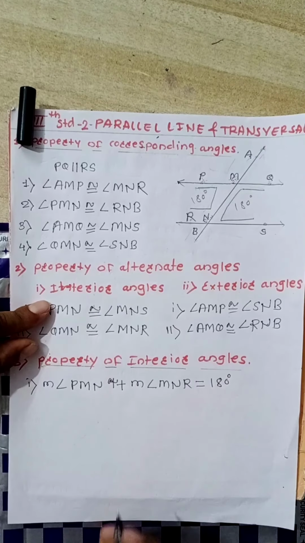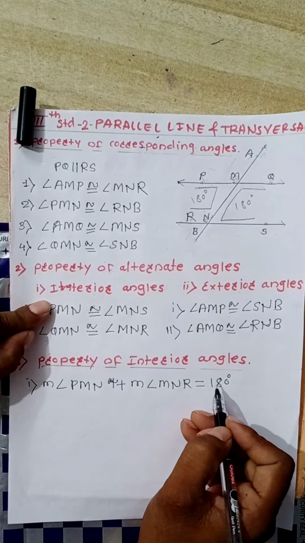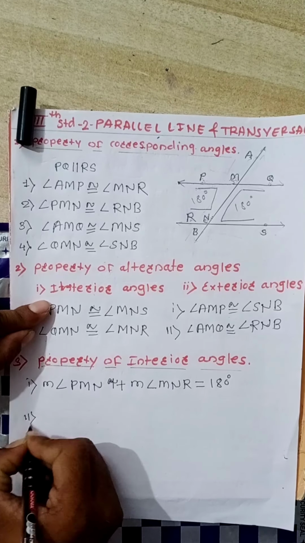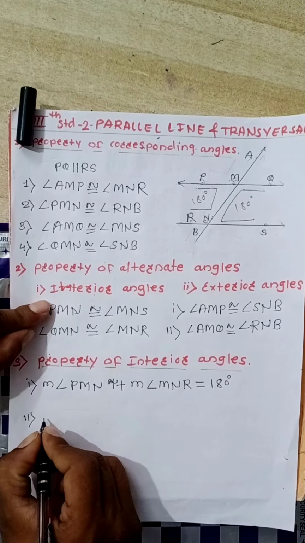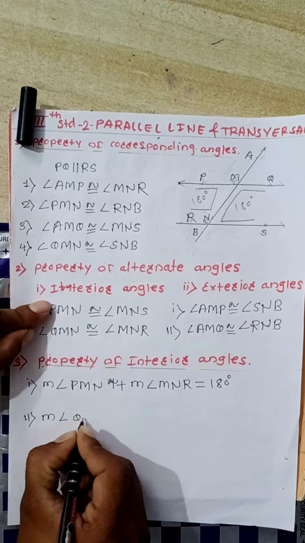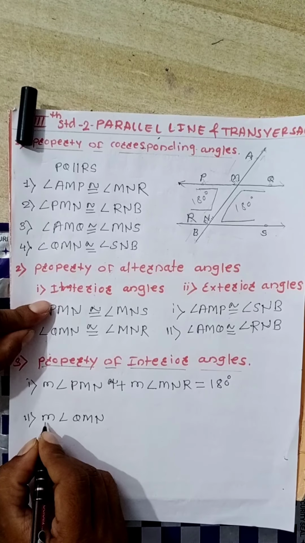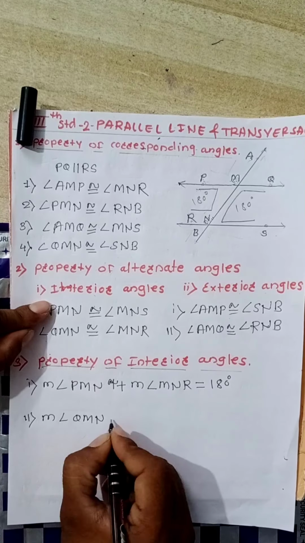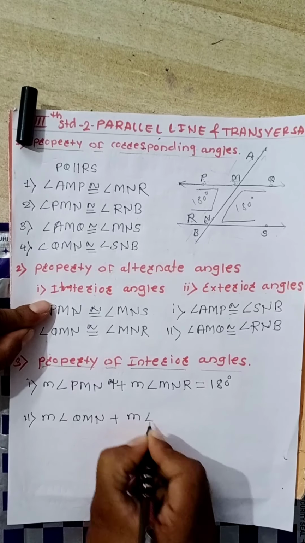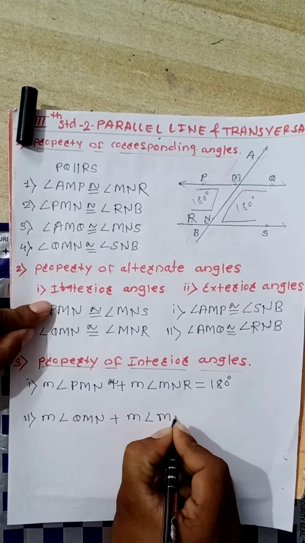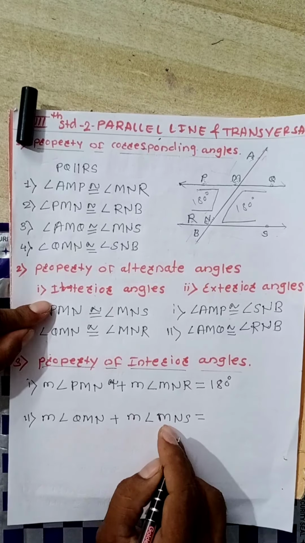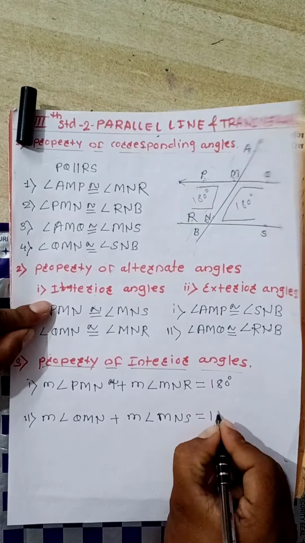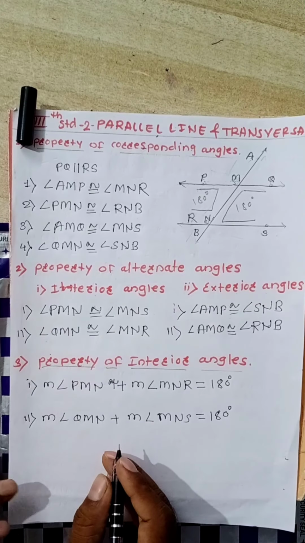Addition of two supplementary angles is 180 degrees. Then second, measure of angle QMN, small m denotes measure, plus measure of angle MNS equals 180 degrees.